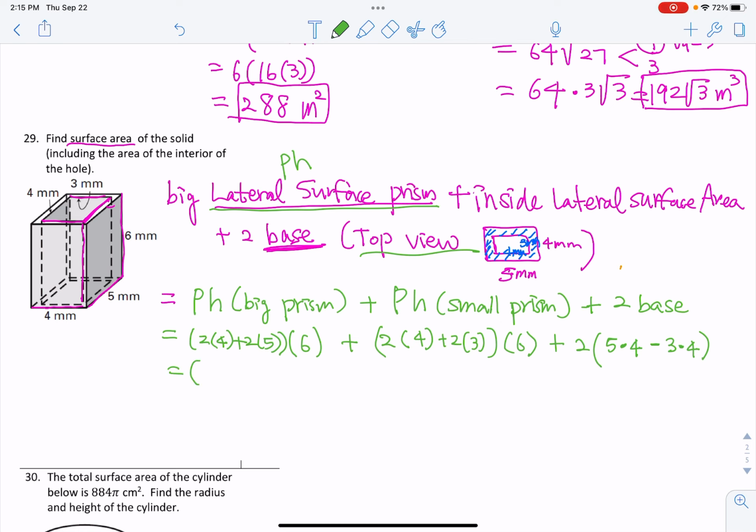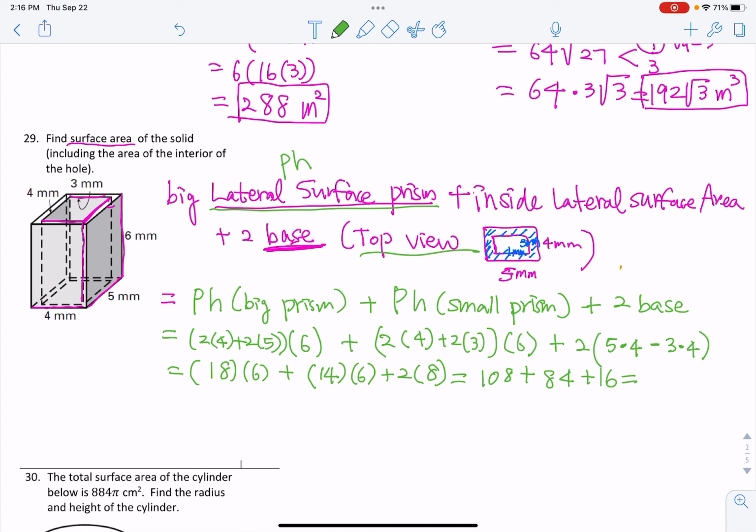So it will be, inside parentheses, 18 times 6 plus 14 times 6, plus 2 times 8. That will give you 108 plus 84 plus 16.